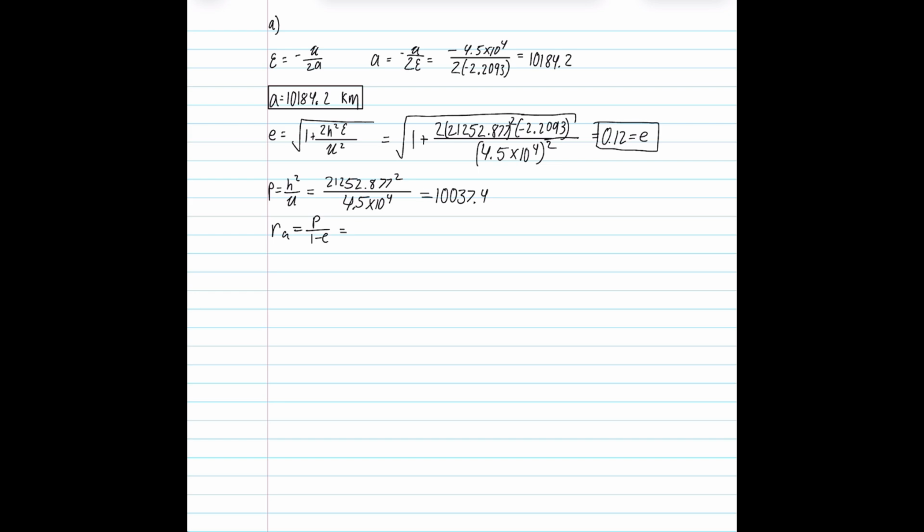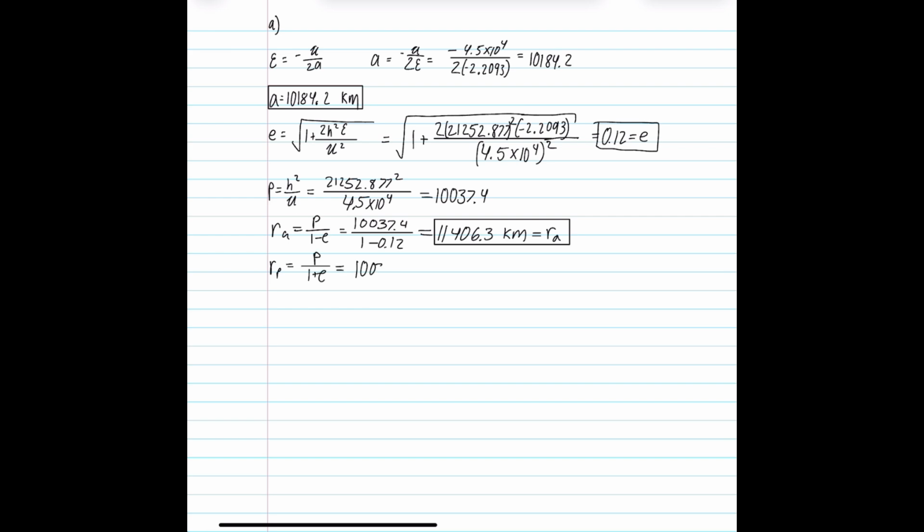And now we can find the radius at apogee using the p and eccentricity that we just found. And now the radius at perigee is the same thing except you're adding the eccentricity.